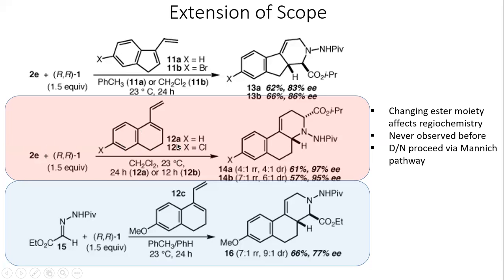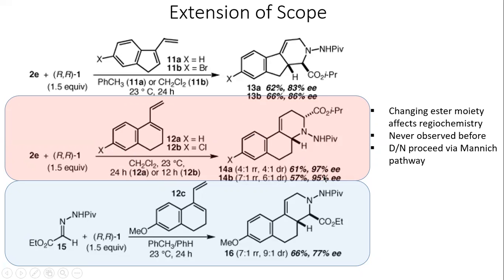So you see here that for 12A, X is hydrogen, and then for 12B is chlorine right here, right? So this is regular demand, 97% EE, 95% EE. Whether X is hydrogen, you get 97%, and whereas chlorine, you get 95%.